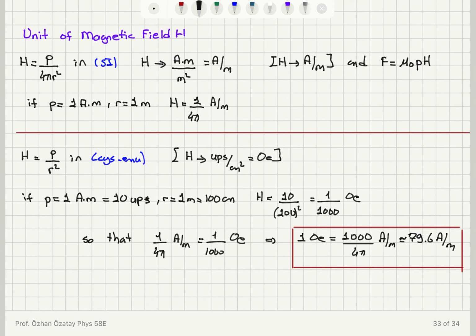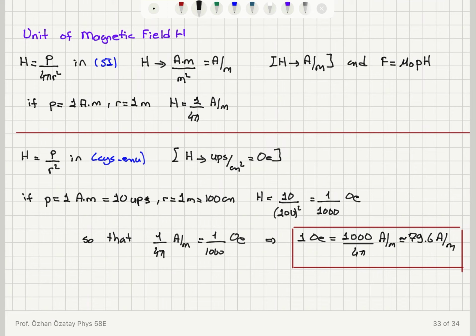Magnetic field in SI is P over 4 pi R squared, and since P is measured in ampere meter, the magnetic field strength is measured in ampere per meter, and so the force on a pole in a magnetic field H is mu 0 pH. If I have a pole strength of 1 ampere meter at a distance 1 meter from this pole strength, I have a magnetic field 1 over 4 pi ampere per meter.